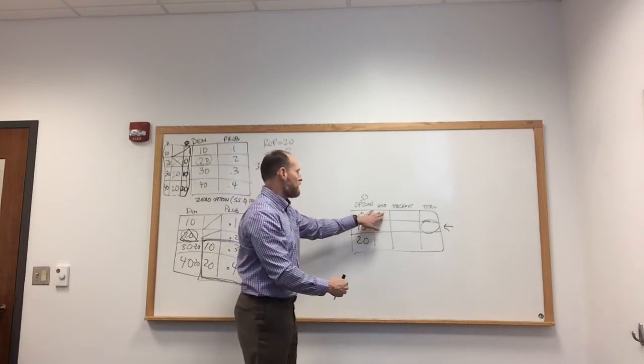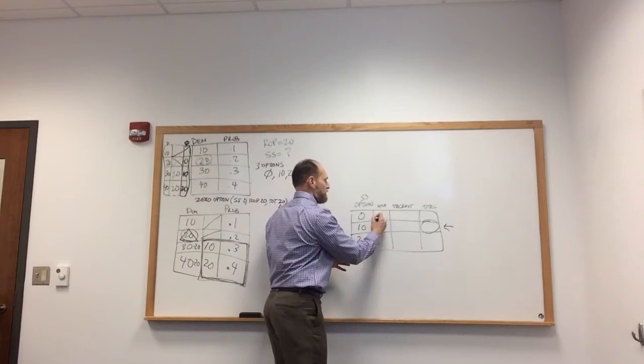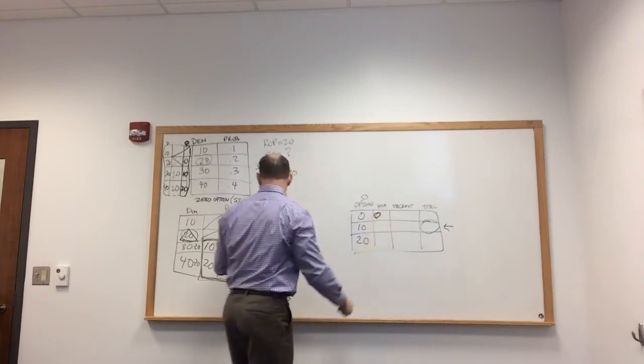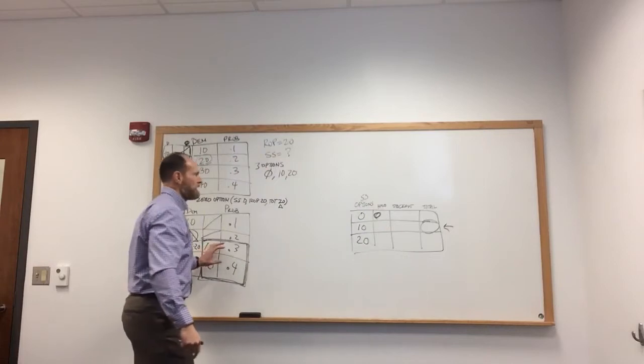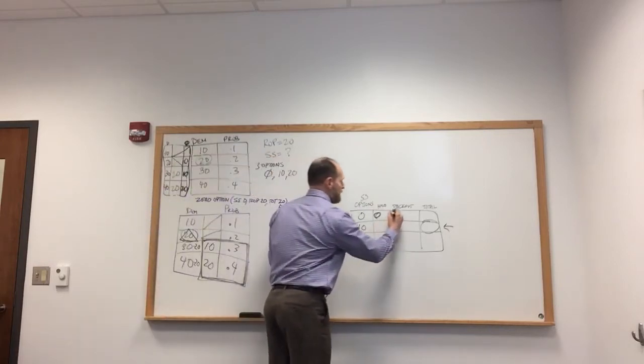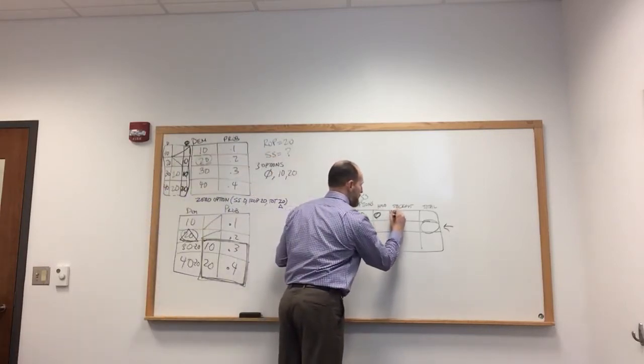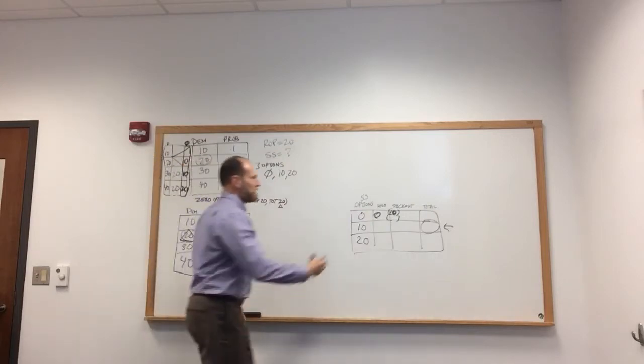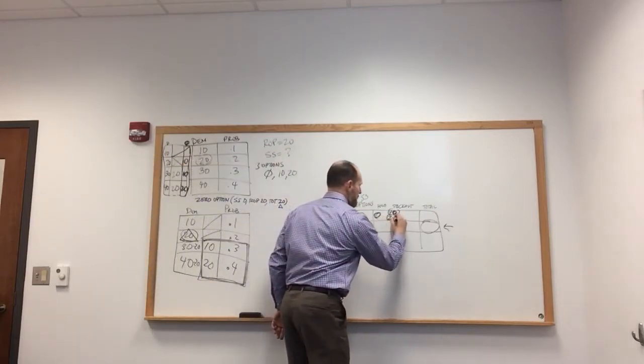And what this does is we can go over here to our 0 option, which is our worst case scenario. We can compute the holding costs. Of course, those holding costs are 0. But then over here are values that we're going to take and model those scenarios. So we're going to take that 10 and enter it in there, and we're going to take that 20 and enter it in there.